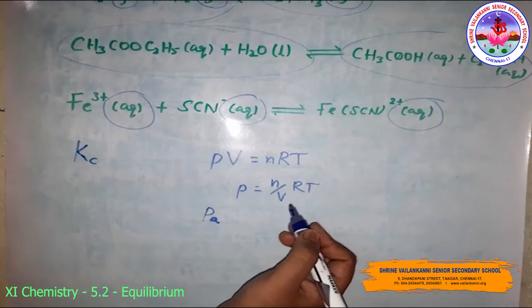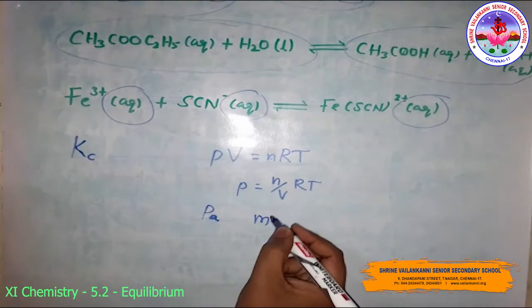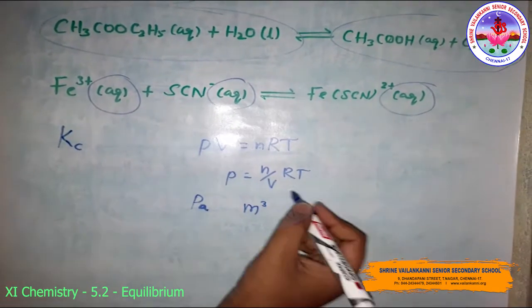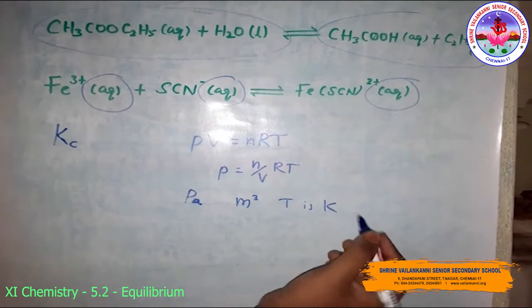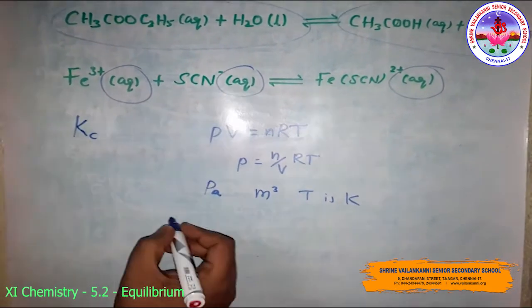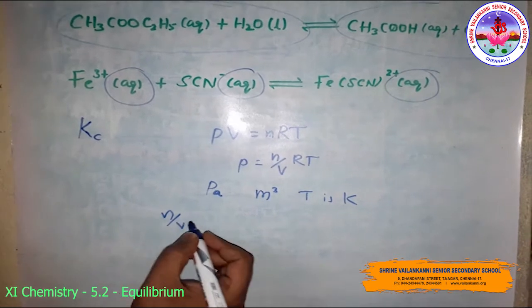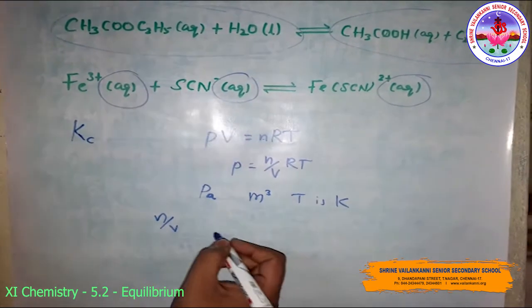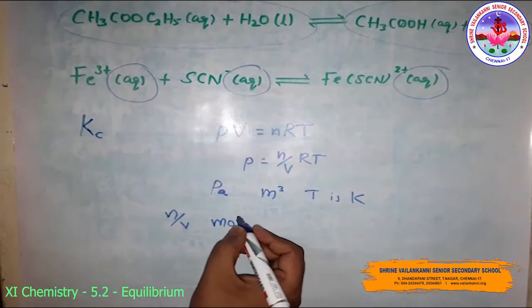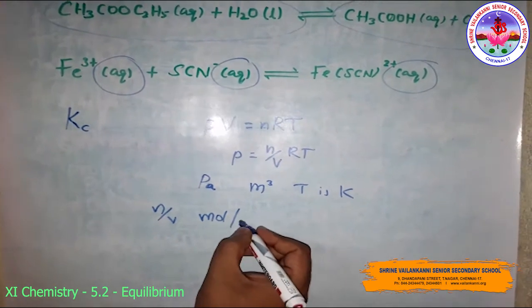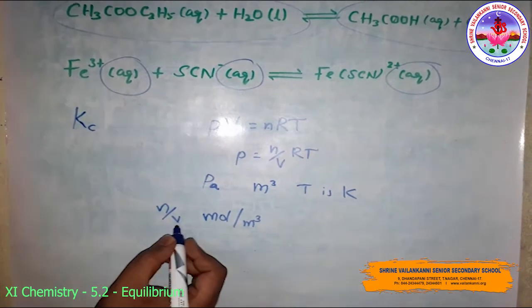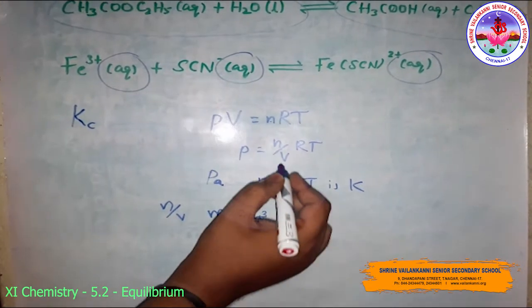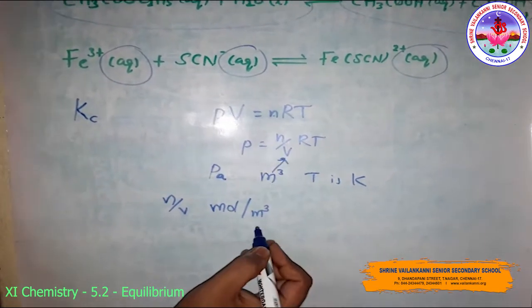V is the volume in cubic meters, and the temperature is in Kelvin. Therefore n/V, the concentration, is expressed in moles per cubic meter, because n is in moles and volume is in cubic meters.